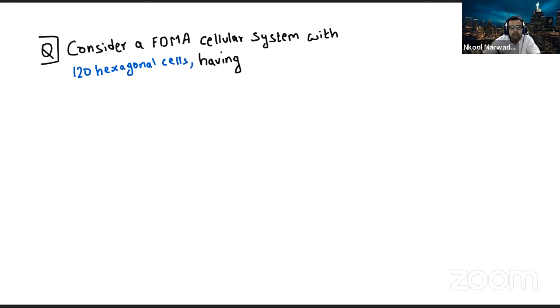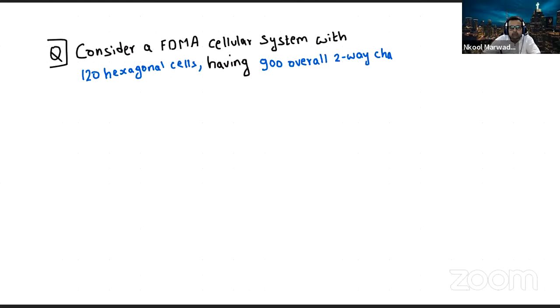And a very important point is given: total system capacity is 900 overall two-way channels, and they will be used by the clusters.